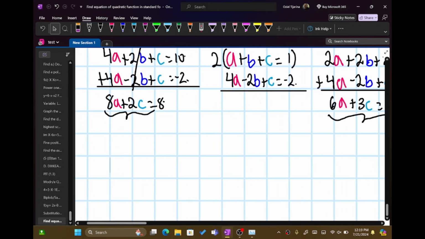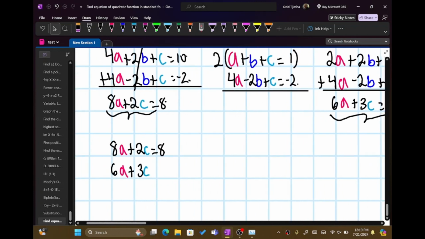So 8a plus 2c is equal to 8, and then 6a plus 3c is equal to 0, right?